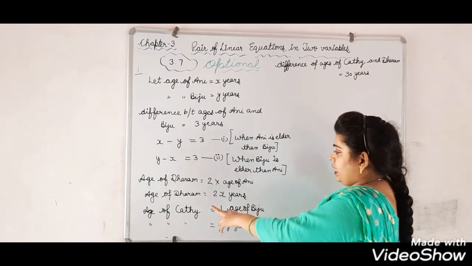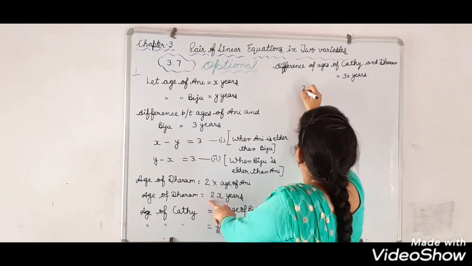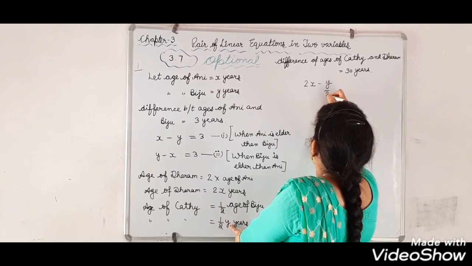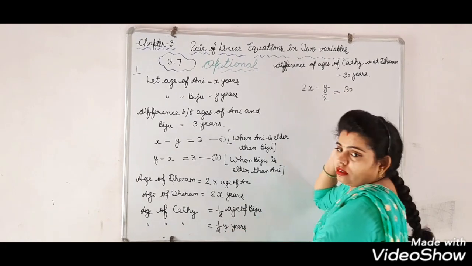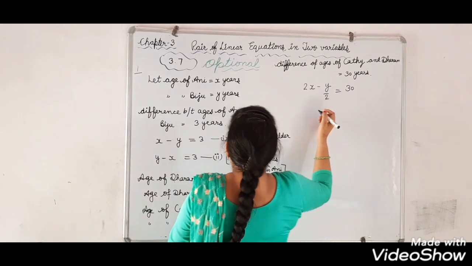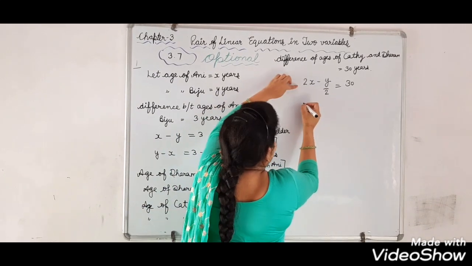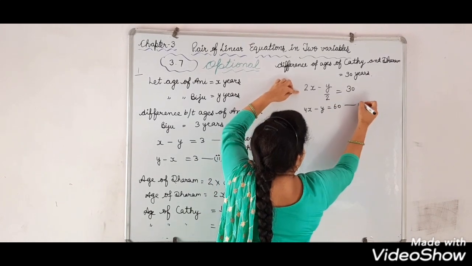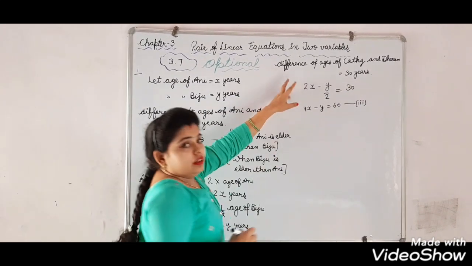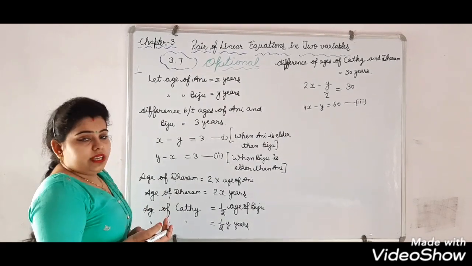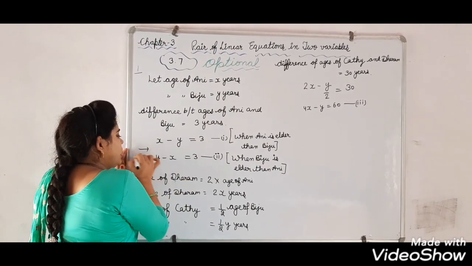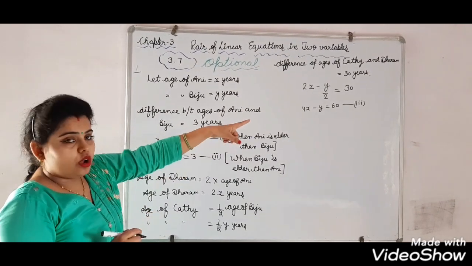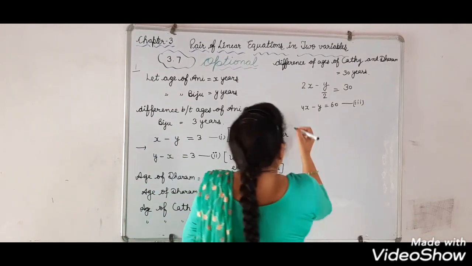So what is the age of Dharam? 2x, and age of Kathy y by 2, so 2x minus y by 2 is equal to 30. Now solving this equation we will get 4x minus y is equal to 60. That is equation number 3rd. Now here are two cases. First is this and second case is this. We will take one by one these two equations and solve with third equation.